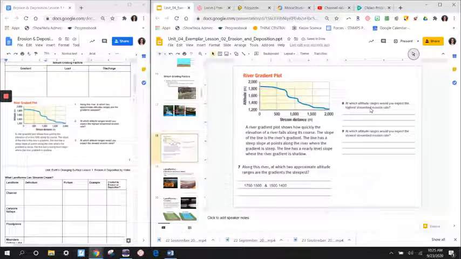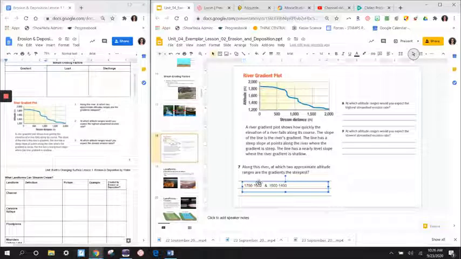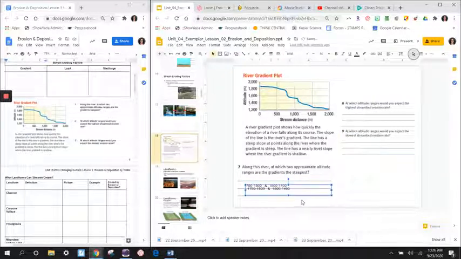Number 8, at which altitude ranges would you expect the highest stream bed erosion rates? So based upon what we know about erosion, the answer would be the same, because where you have a steep gradient, you also have greater erosion.